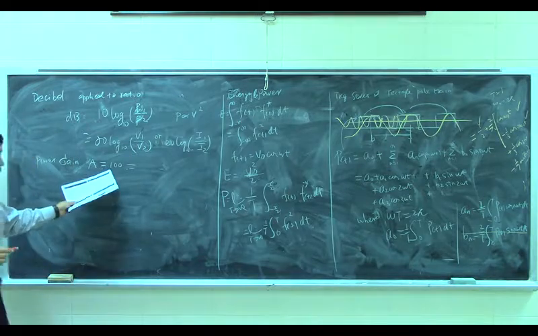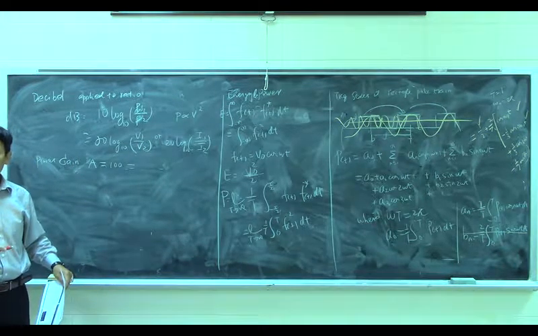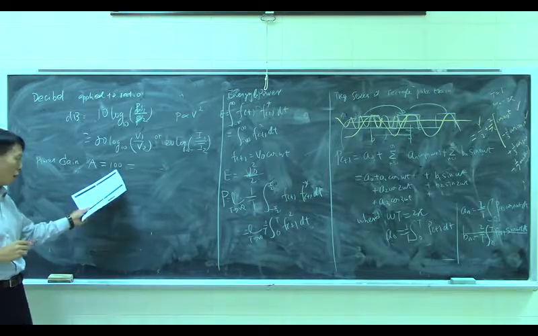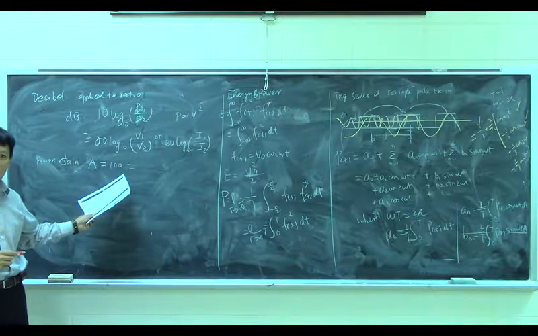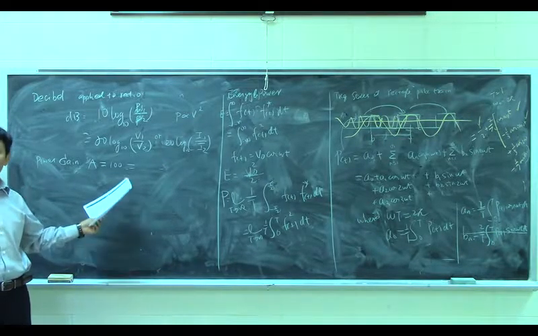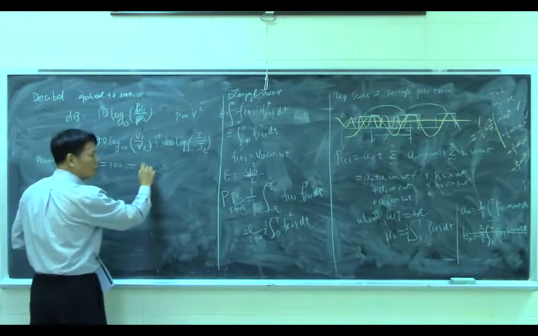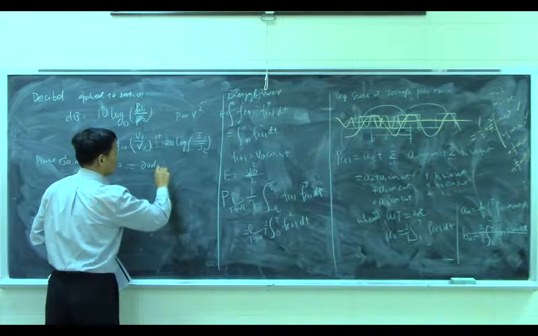What is this converted into dB? Log base 10 of 100 equals what? Equals 2, right? You take the log, then multiply by 10. So this one equals 20 dB.